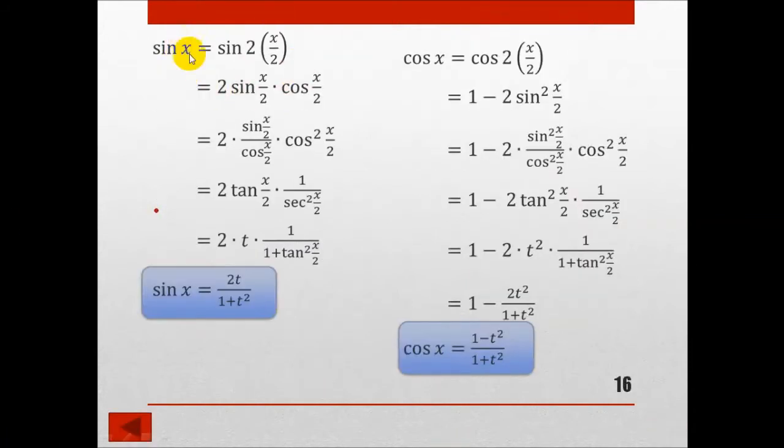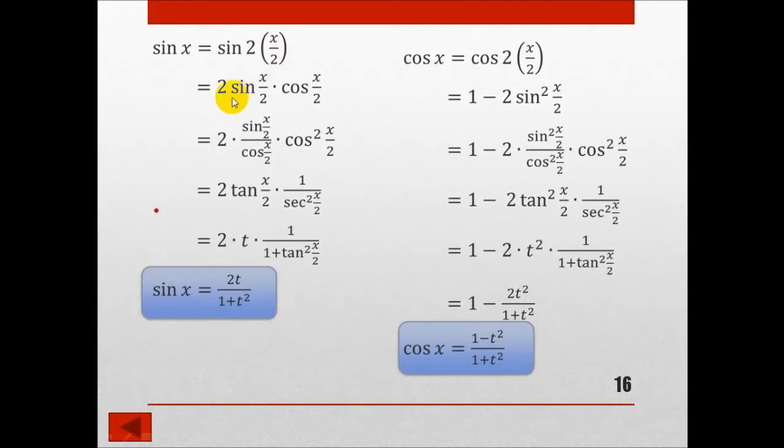Then for sine, sine x is equal to sine 2 times x over 2. With the double angle, sine 2x is 2 sine x times cosine x.